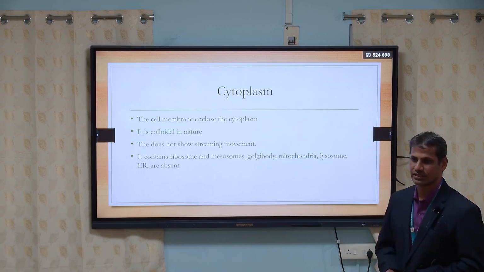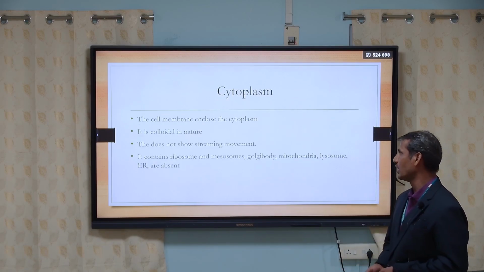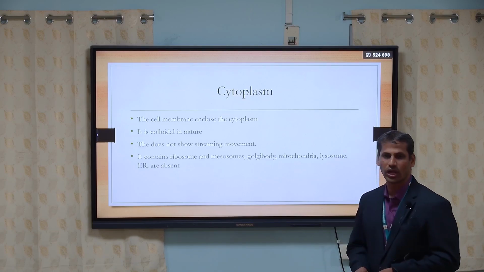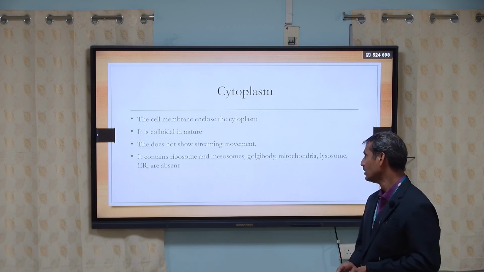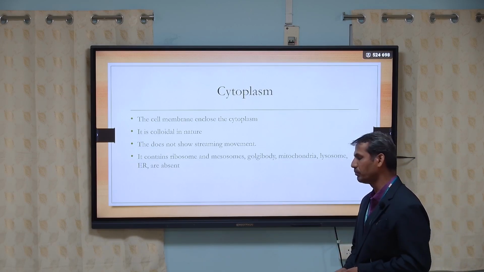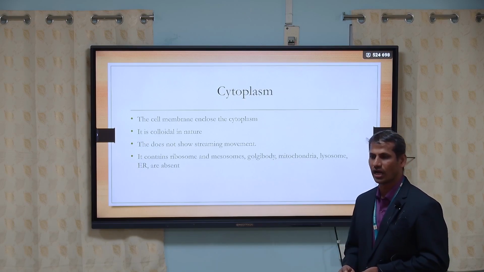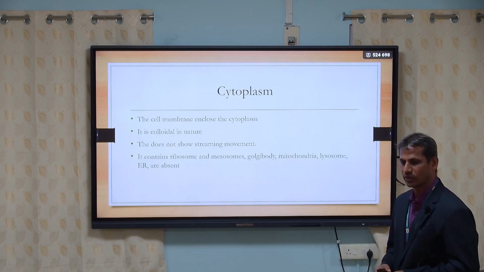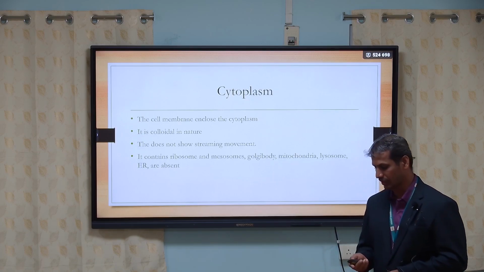Next is the cytoplasm. The cytoplasm is enclosed by the cell membrane, and it's colloidal in nature. It does not show cytoplasmic streaming. The cytoplasm contains ribosomes and mesosomes. Cell organelles like the Golgi body, endoplasmic reticulum, and mitochondria are absent because this is a prokaryote.